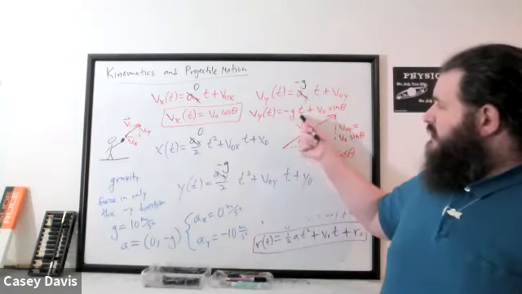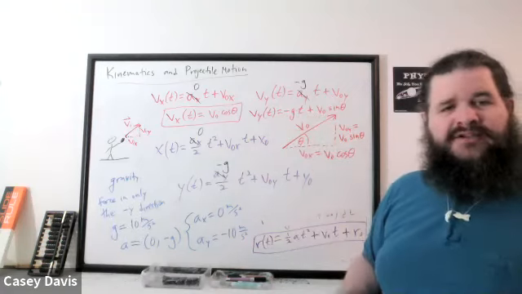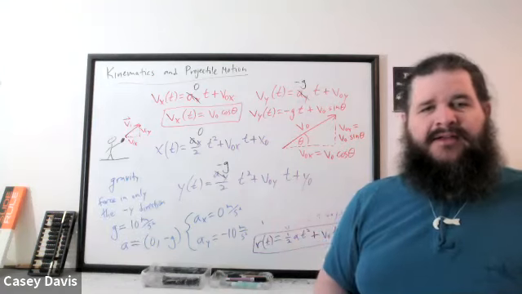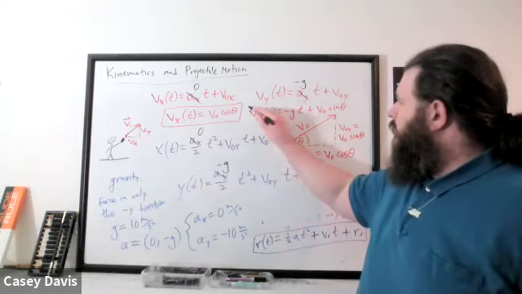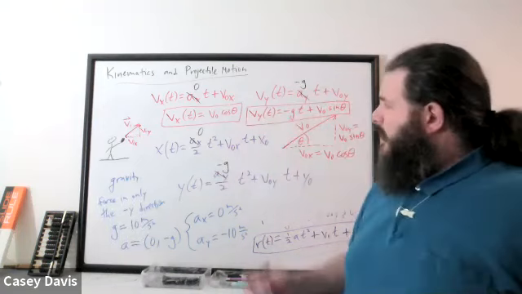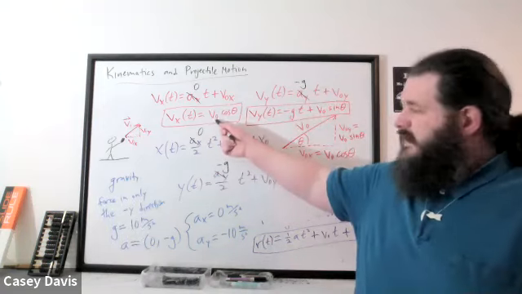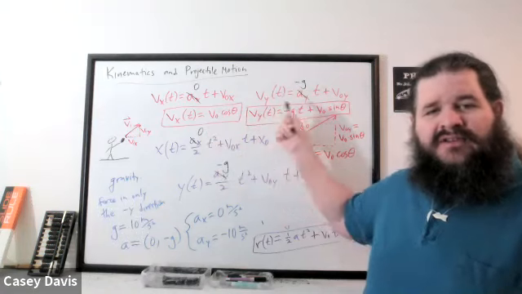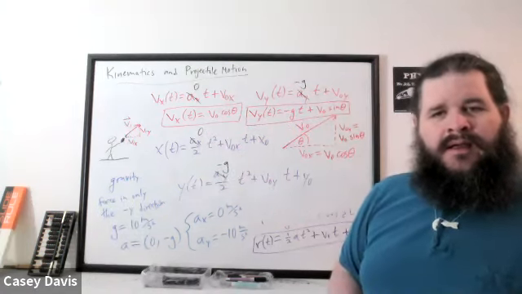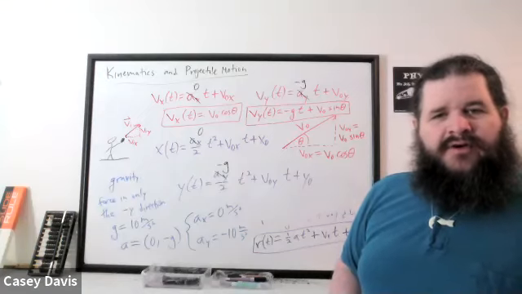But this negative gt means the y component of velocity gets more and more negative as time passes because gravity is pulling it downwards. So that gives us a complete description of how the speed in the x direction changes as time passes and how the speed in the y direction changes as time passes. Any questions on that so far?